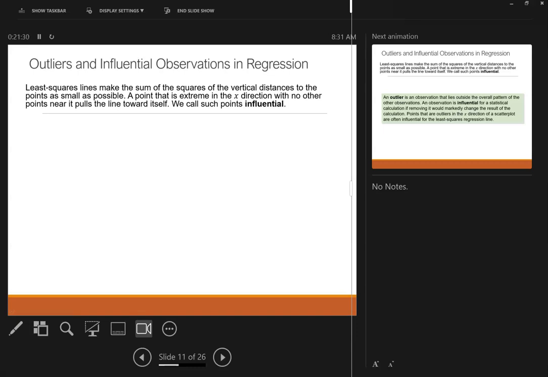So one way to build our line of best fit is using a least squares line. The idea with a least squares line is basically we draw a line of best fit and we look at the vertical distance from our point to that line of best fit. And then we use that vertical distance to make a square, and we do that for every data point.